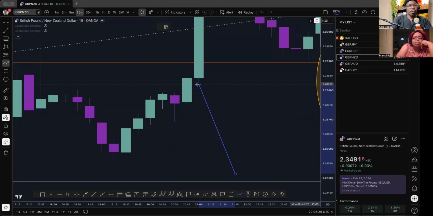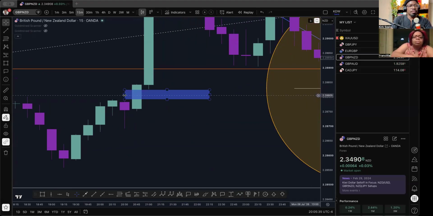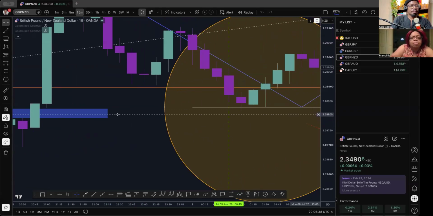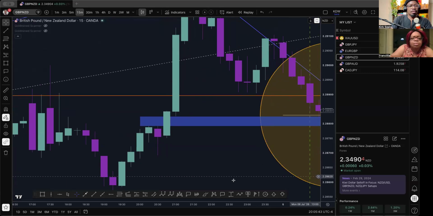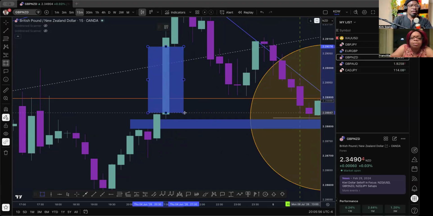Then we have 1, 2, 3. What do we have? We have a gap right here. Lenovo, let me know if it's looking a little clearer. And then let's see, we did these three just now. And then 1, 2, 3. You can clearly see there is a gap right here. Lots of unfinished business right here.